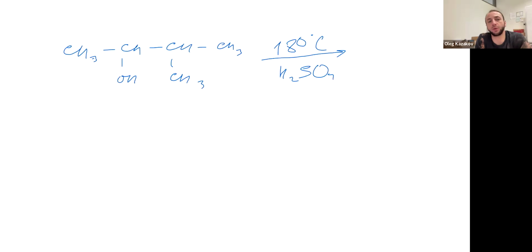So for dehydration, we need to consider two carbons: the carbon with an OH group on it, and then the adjacent carbon with a hydrogen. Here, adjacent to the alcoholic carbon are two carbons, CH and CH3, right? Both of them possess a hydrogen that can be removed alongside OH during the dehydration process to produce HOH, or H2O, as a byproduct.